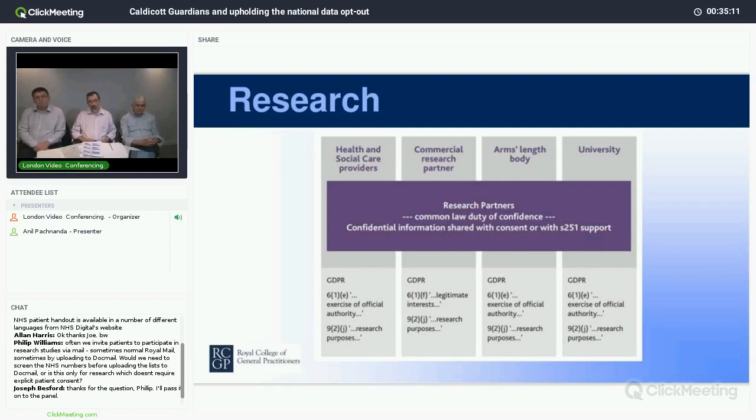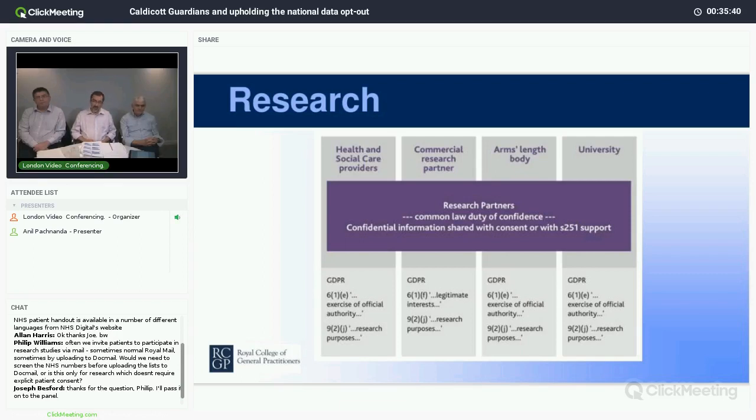Considering research, we need to think about the legal basis for dissemination of information for research, and the basis for overriding the common law duty of confidence will be either consent or a Section 251 recommendation and approval by the Health Research Authority, HRA.